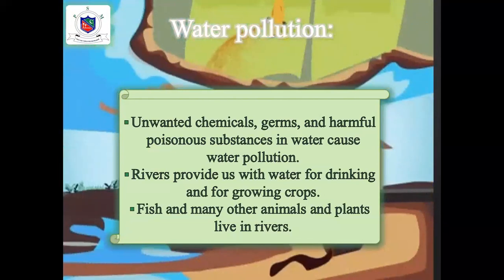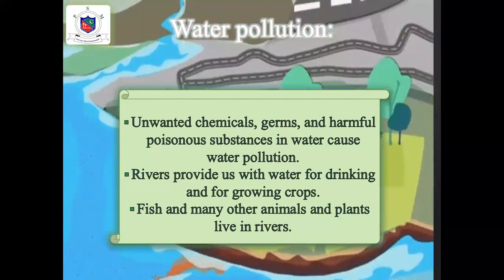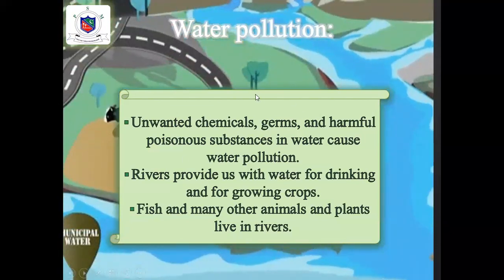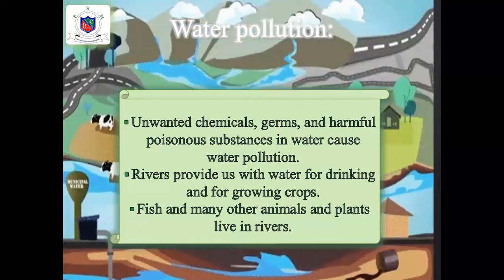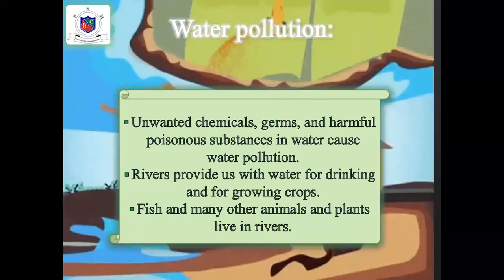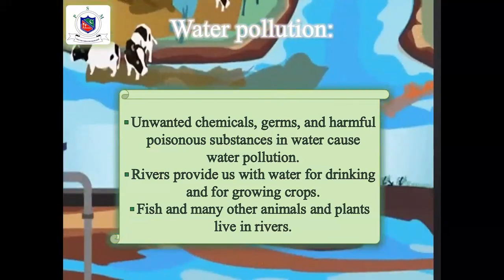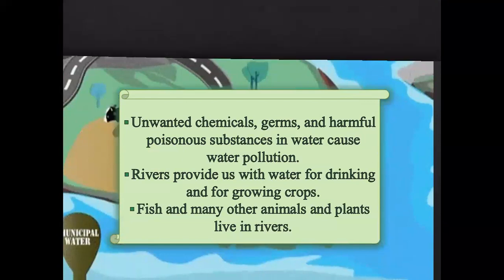Fish and many other animals and plants live in rivers. Rivers are also used to carry people and cargo by boats. Our rivers are slowly becoming polluted. Chemical waste from the factories is pumped into rivers.